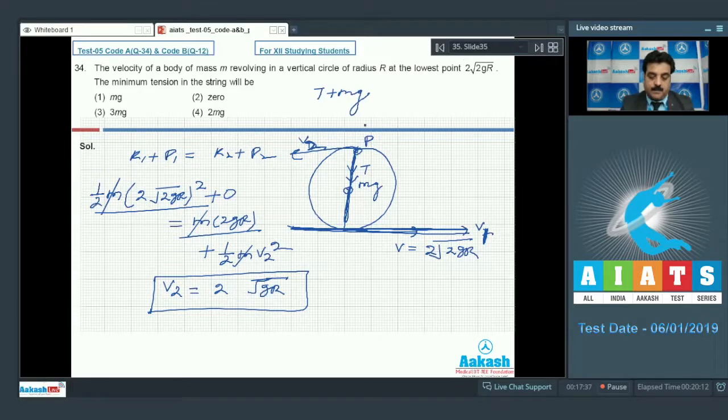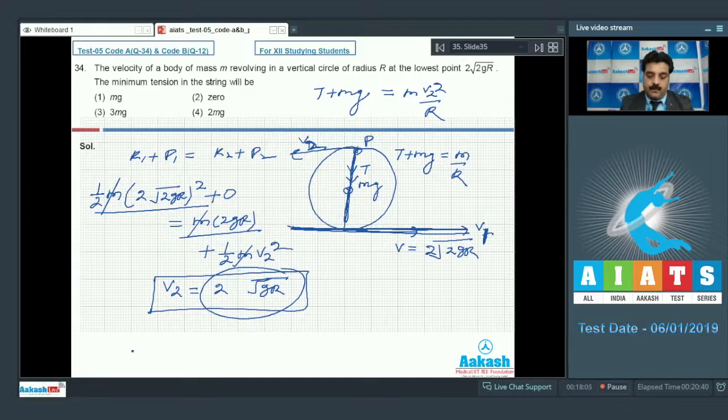mg are both acting in the same direction, and that is equal to mass into acceleration, because this is a circular motion. For acceleration, I will write v2 squared by r. So when you calculate, you will get T plus mg, because I had the value of v2 squared, which is 2 root gr.